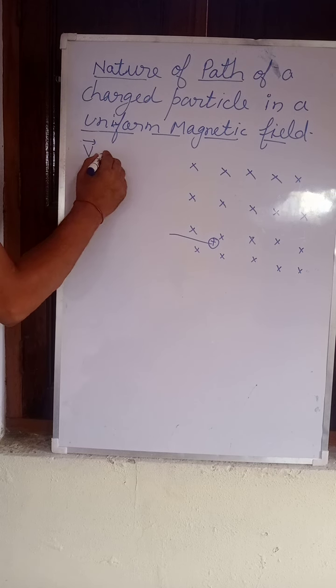So force will be Q V B. The magnitude of the force is QVB, which is applied by the magnetic field on the positive charged particle, whose charge is Q, V is the velocity of the particle, and B is the strength of the magnetic field, or you can say B is the intensity of the magnetic field.